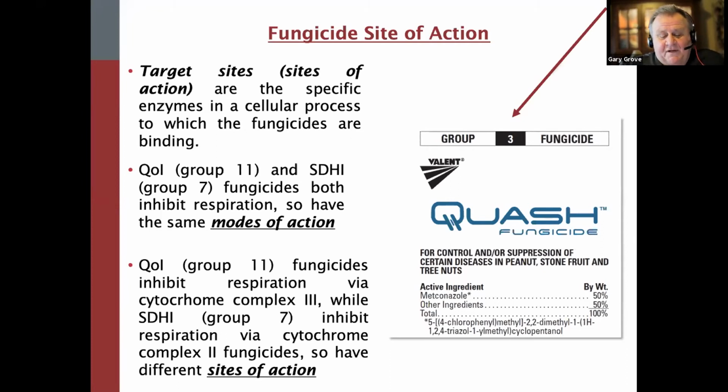So they have the same mode of action, but they each do this in a different manner. The 11s inhibit respiration through cytochrome complex 3, whereas the SDHIs do it through cytochrome complex 2. They have different sites of action.